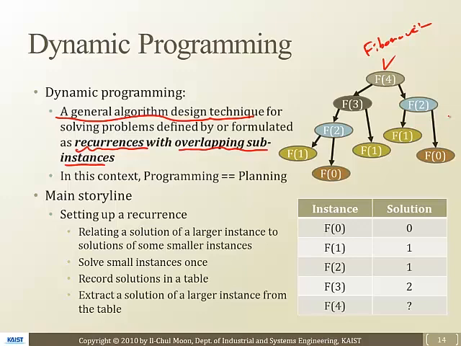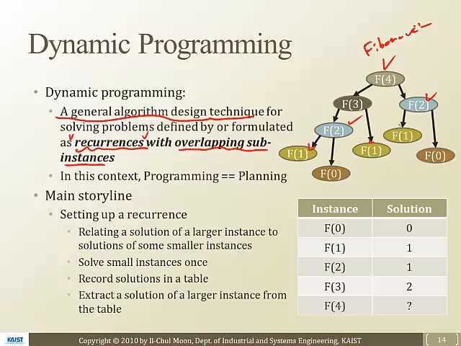So it means that we have a recurrence. F4 has the same structure with a reduced parameter set. We have F3 and F2, which means that we have a recurrence here. And this is the overlapping of instances. How many overlappings? Just one F4 and one F3, but we have two F2, right?